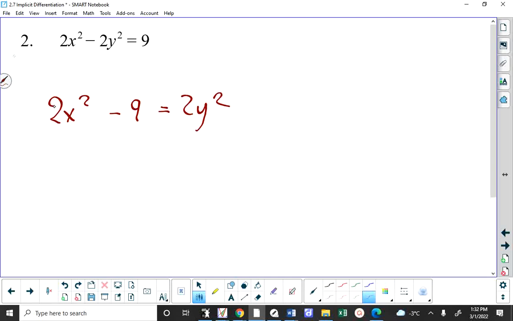Definitely. This is actually illustrating something, Ben, and it's that the rule for sums and differences for derivatives is that the derivative of a sum is the sum of the derivatives, which means it doesn't matter where the terms are in terms of addition or subtraction. You could certainly do that.